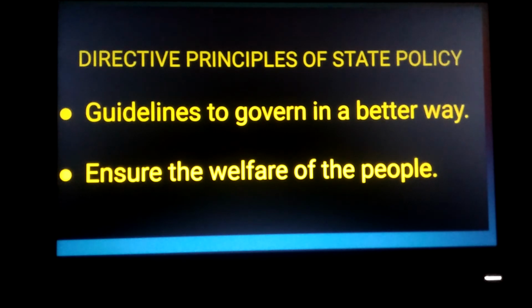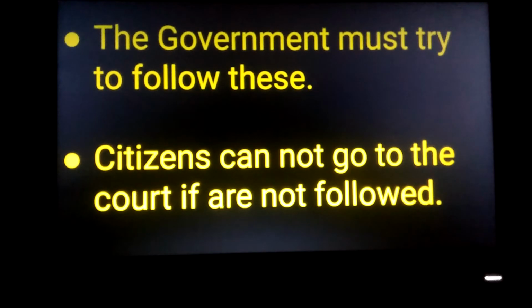That's why these are just the guidelines to govern in a better way, and these guidelines are to ensure the welfare of the people, as these guidelines suggest that the government should provide water to its citizens at lower price, or free education, and many more things that are for the welfare of the people, but no one can force the government for it.